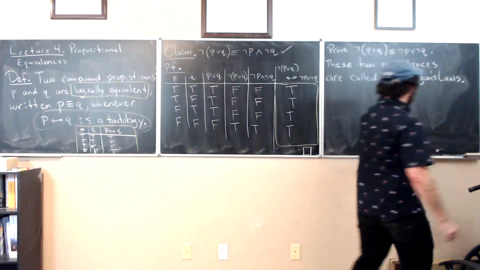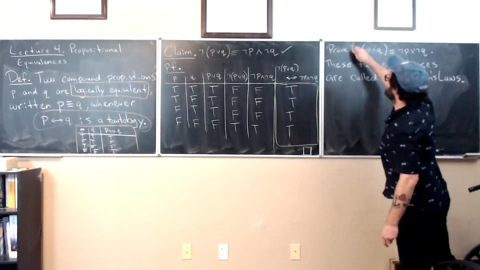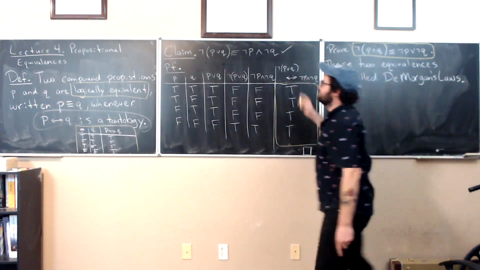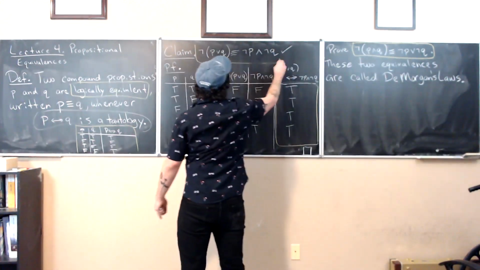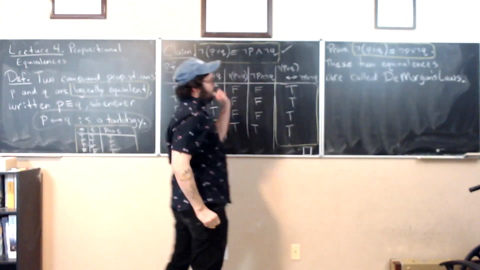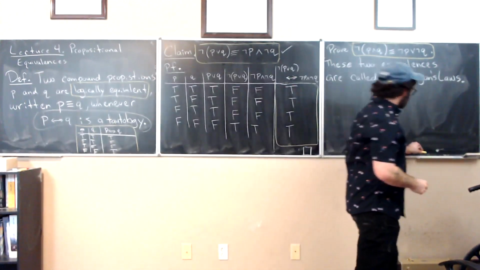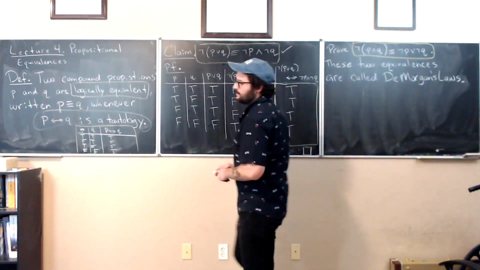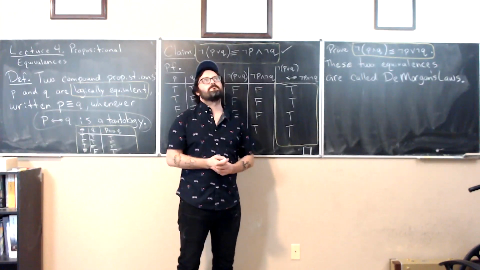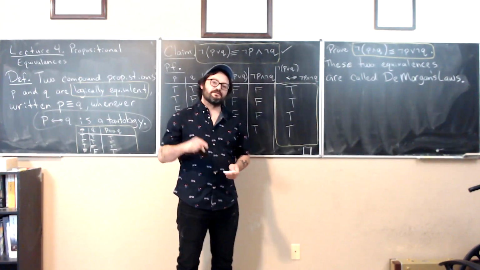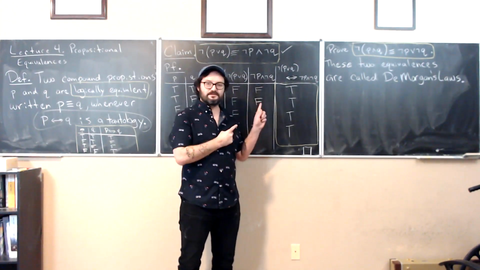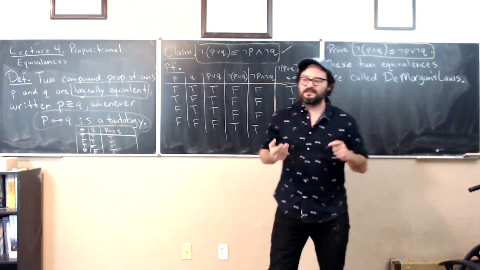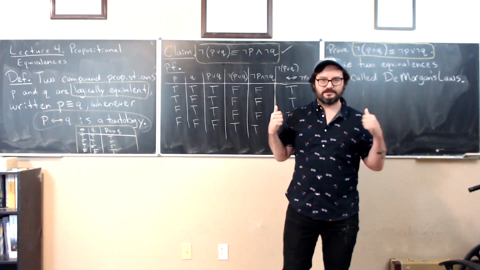So these are important. This is true. I didn't prove it. I'm leaving that to you. And this is true. I did prove it. These two laws together are called De Morgan's laws for logic. And your CS professors really want you to know these. I've even had CS professors in the past bring it up to me to really emphasize these two things for you.